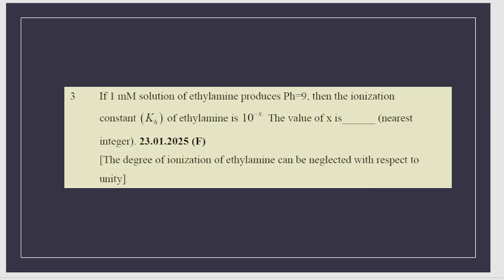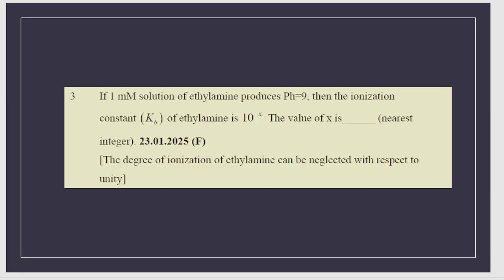If pH is equal to 9, the pOH will be 5, then the OH minus ion concentration will be 10 to the power of minus 5. If we know the concentration of OH minus, by knowing the C value, you can calculate the Kb, right? You can calculate the Kb.